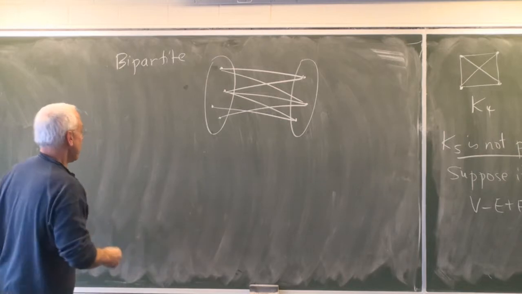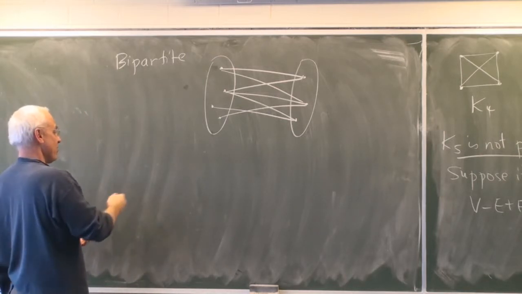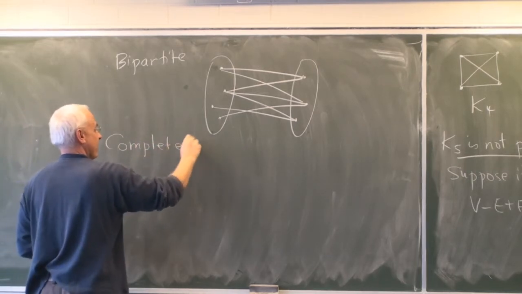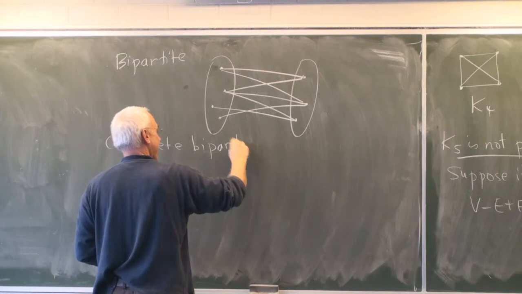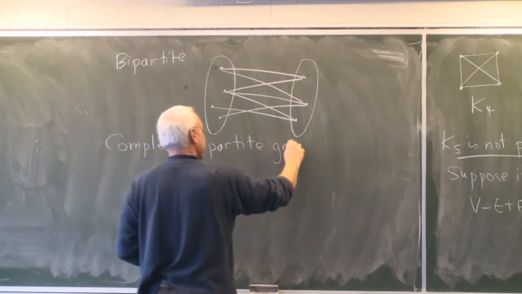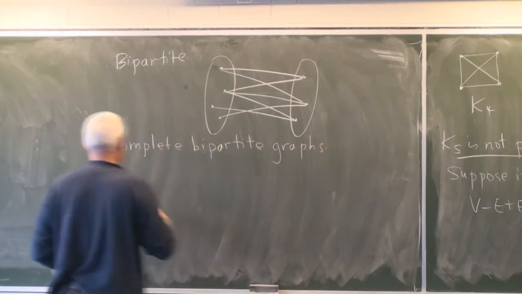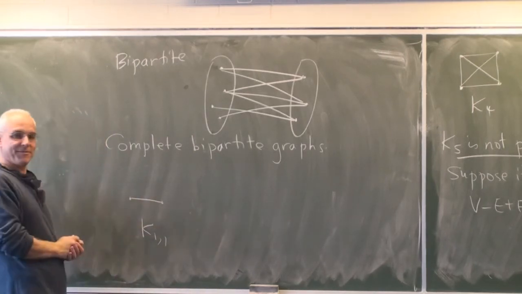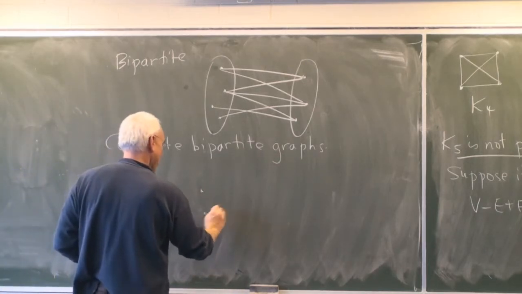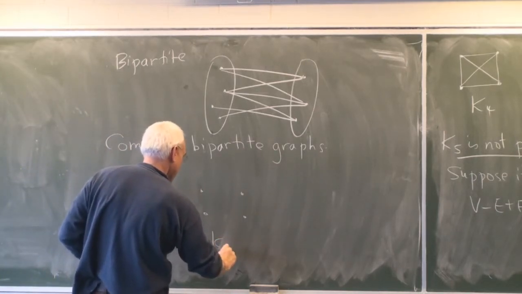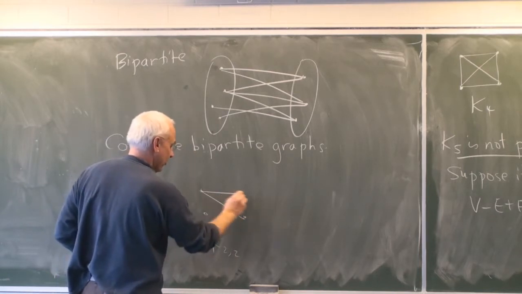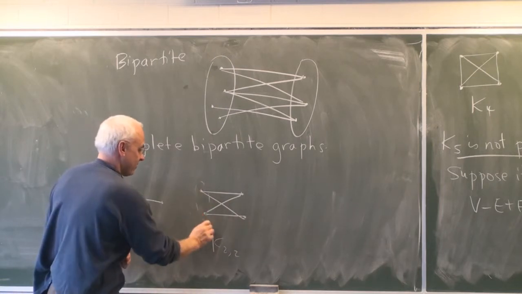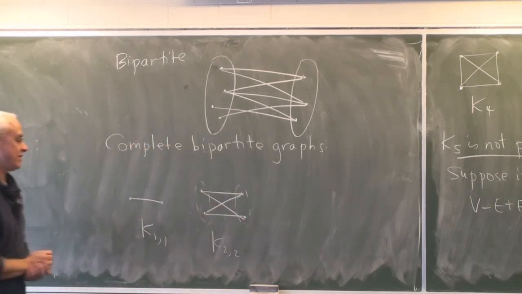Okay. So then there are the complete bipartite graphs. If there's just 1 and 1, we might write K11, that's just going to be like that. And then if we have 2 here and 2 here, K22, that would be all the possible edges that we could draw, keeping this set and this set as the two basic sets.